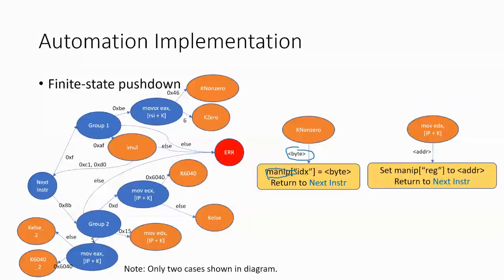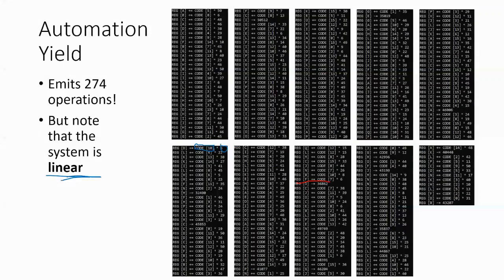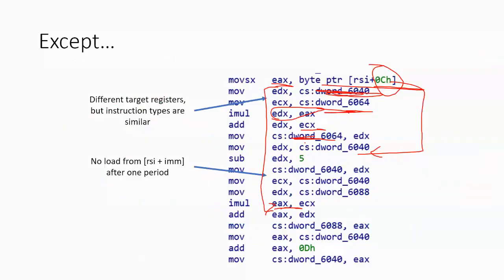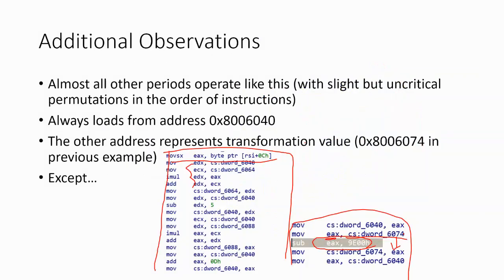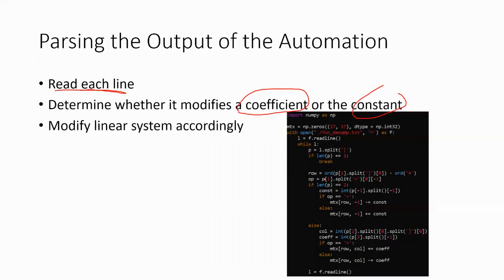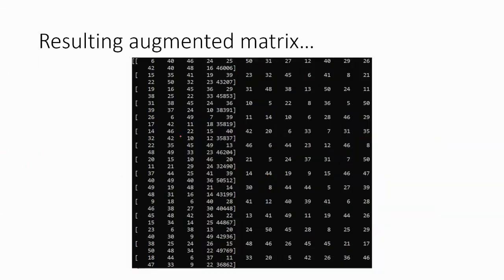And that's from those instructions. You can see here's an instruction that modifies a constant, and most of them are modifying coefficients. Back in the code, this is where you would see a modification of the constant, and most of these are where you see modification of coefficients. Then you modify the linear system accordingly.